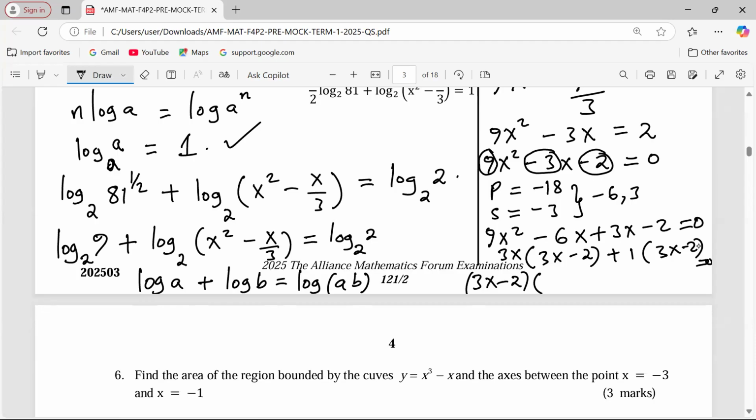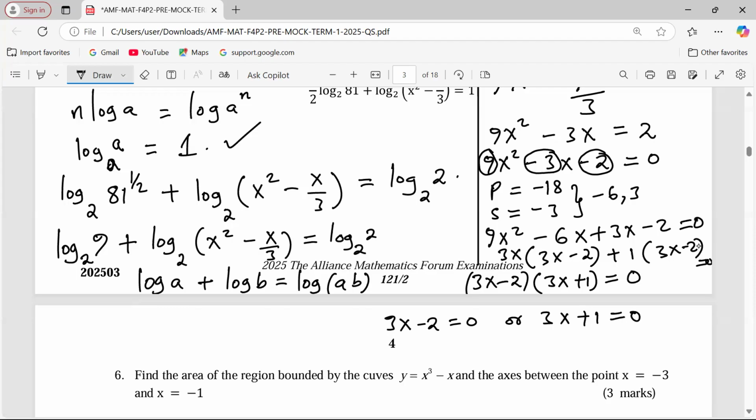Then outside the brackets, we're having 3x and a positive 1. This is equivalent to 0. So for us to get the values of x, we say 3x minus 2 equals to 0, or 3x plus 1 equals to 0.